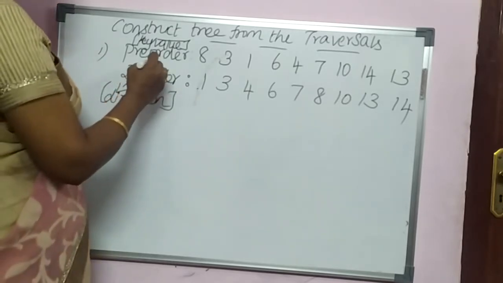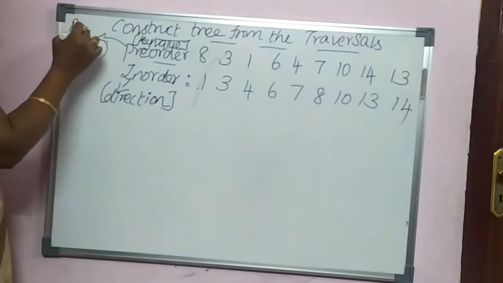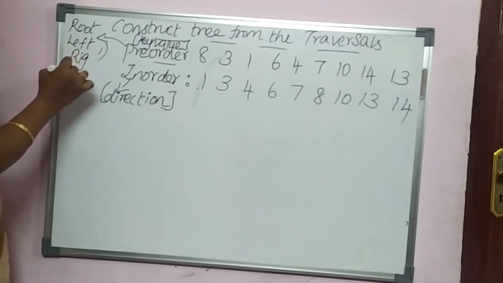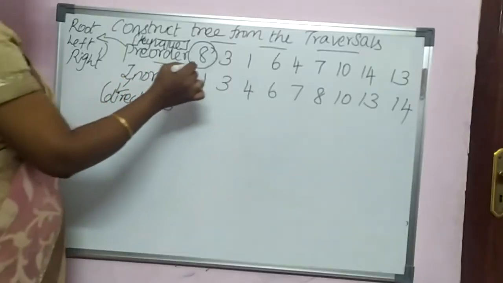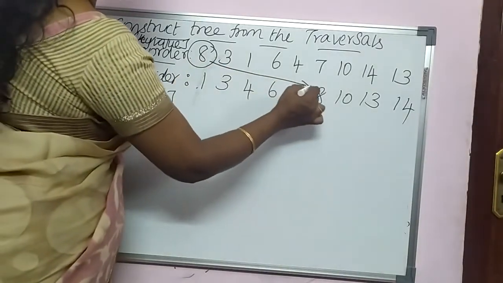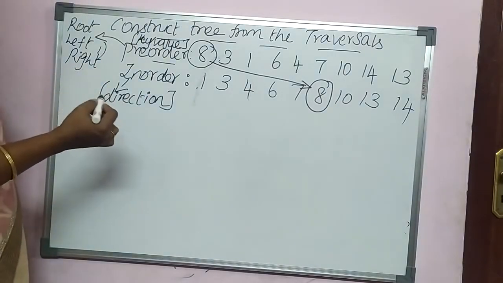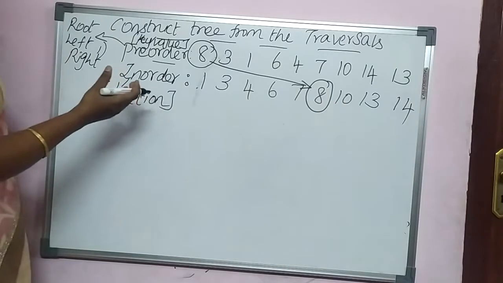If it is pre-order, we know that the order of execution starts from root, left and then right. So from this what we can infer is that the first element is going to be the root element. Once you find the first element, you directly map it with the in-order. We found that 8 is placed somewhere in the middle position of the in-order for this problem.